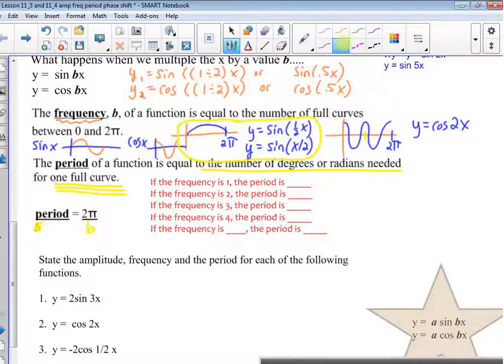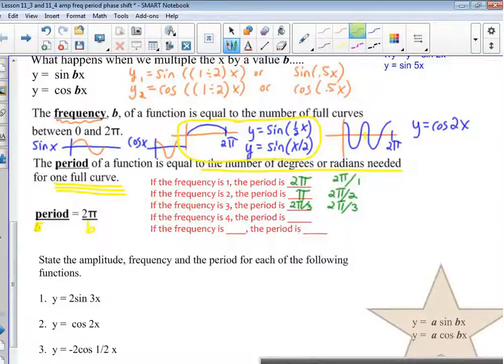So if the frequency is 1, then the period is 2 pi divided by 1, or 2 pi. If the frequency is 2, the period is 2 pi divided by 2, or just pi. If the frequency is 3, the period is 2 pi divided by 3. And these are in radians, okay? We're going to pretend we're graphing in radians, even though the mode of the calculator is in degrees.